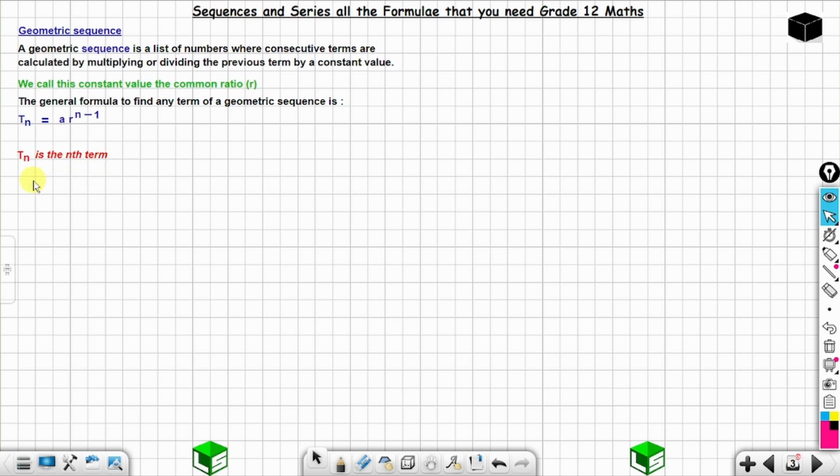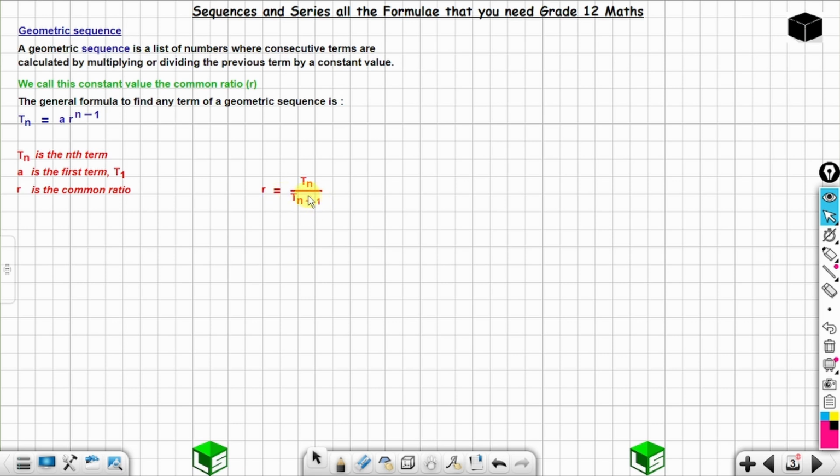A is always the first term, T1, and R is the common ratio. The constant value is known as the common ratio. To find the common ratio R, you take the next term over the previous term.